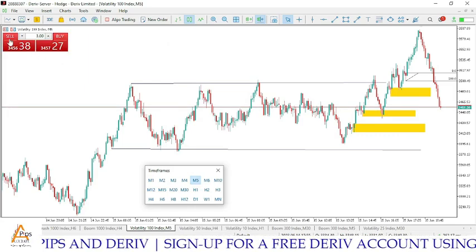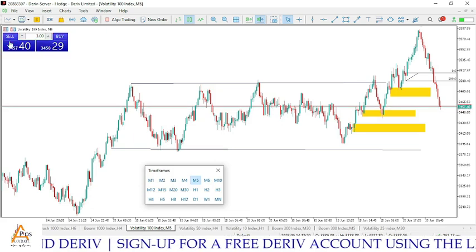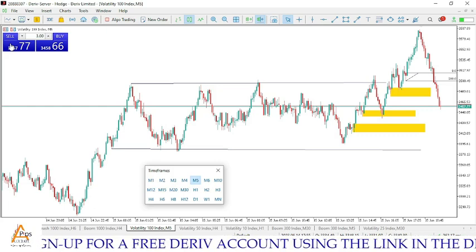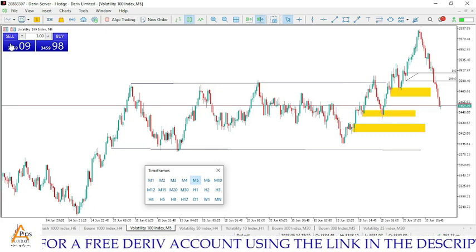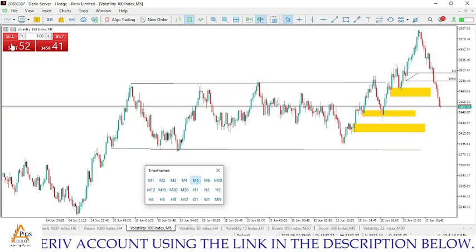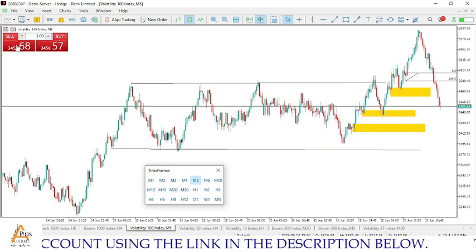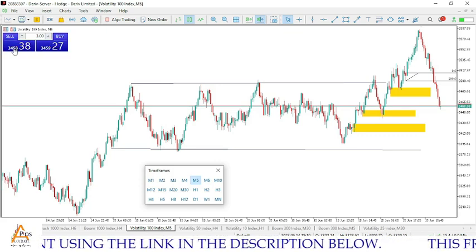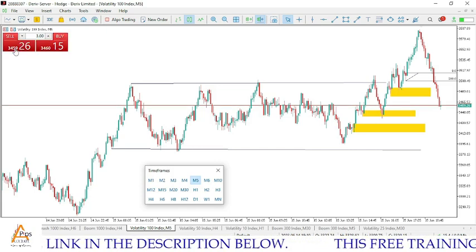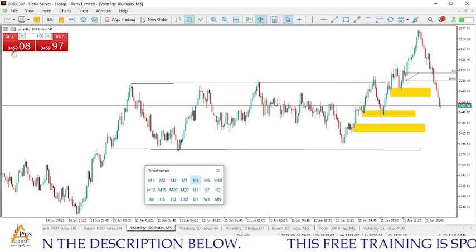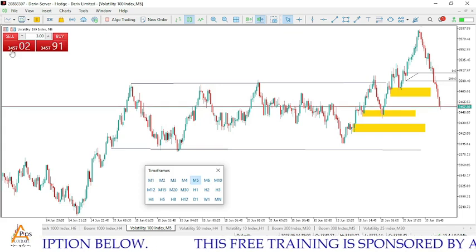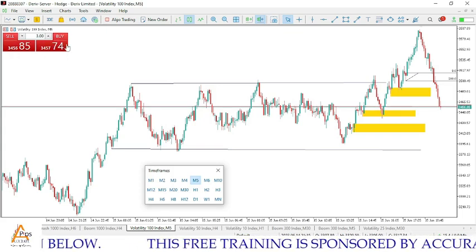So if you see here, see where they wrote the sell. The broker is telling you to sell to him at this price. This is supposed to be what we call the ask price. So instead of you selling at the ask price, you will be buying from them at the ask price, which is this.